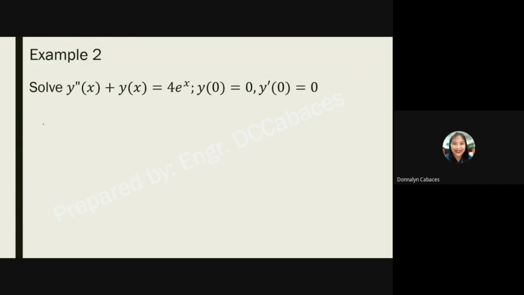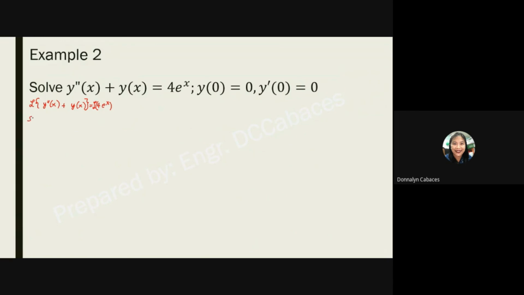So again, our solution is you take the Laplace of the given differential equation. The Laplace of y double prime of x plus y of x is equal to the Laplace of 4 e to the x. What is the Laplace of the second derivative again?